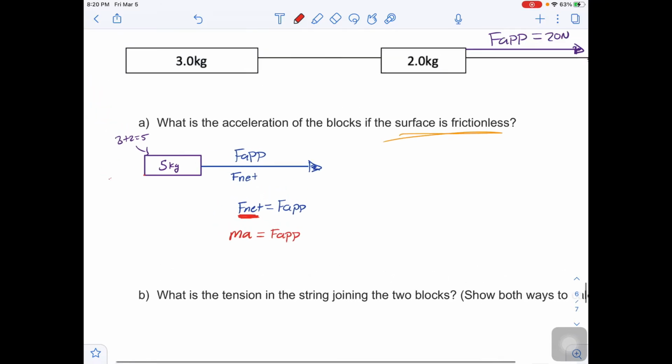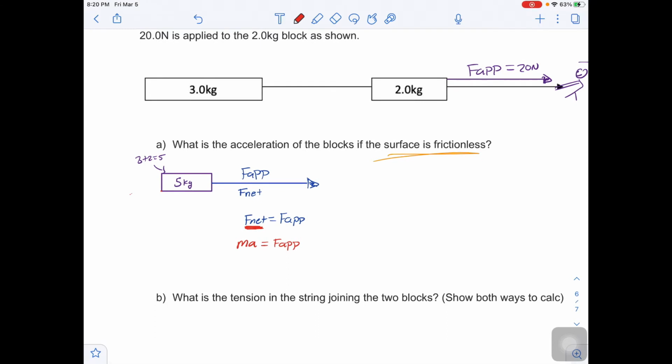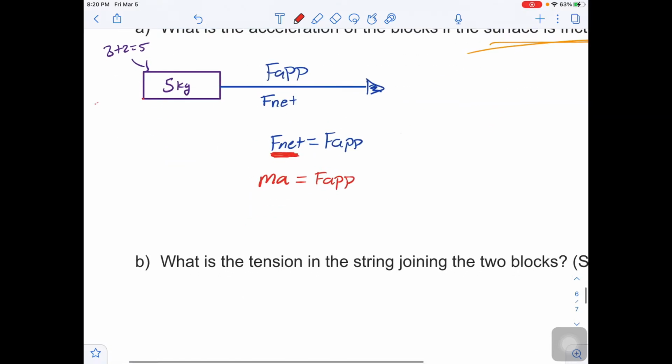This is where it becomes useful, because our mass here, remember, is not just the 2 kilogram box, it's also the 3 kilogram box, because it's the whole system moving together. So this will be the masses added up together, 3 kilograms plus 2 kilograms, times the acceleration. And what was the applied force? It was 20 newtons.